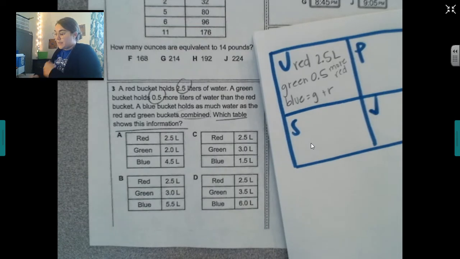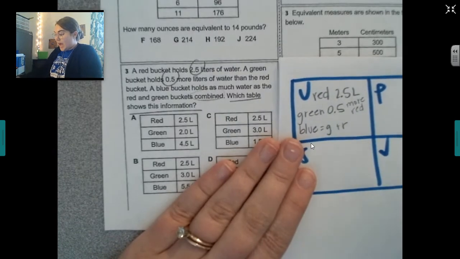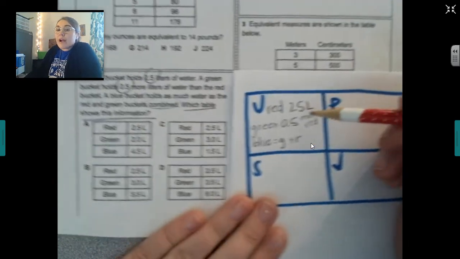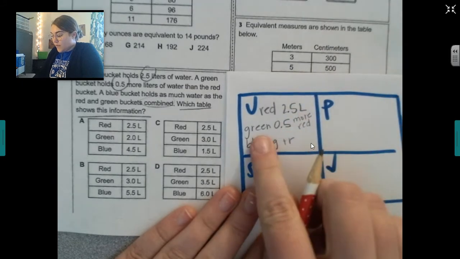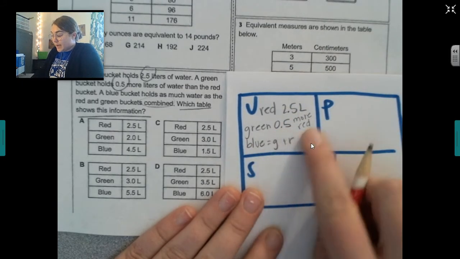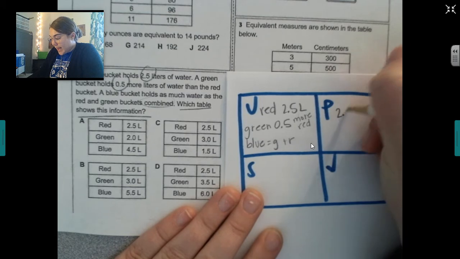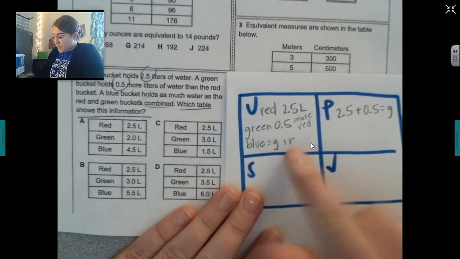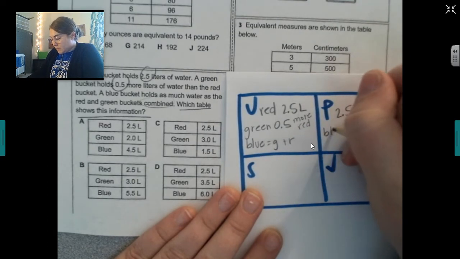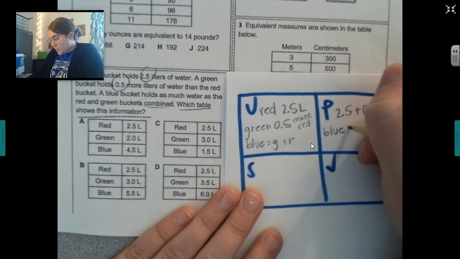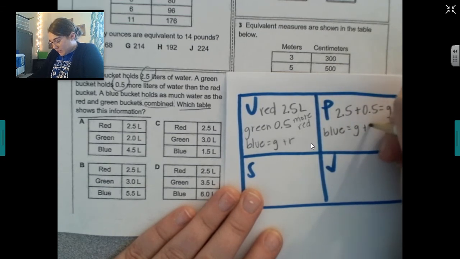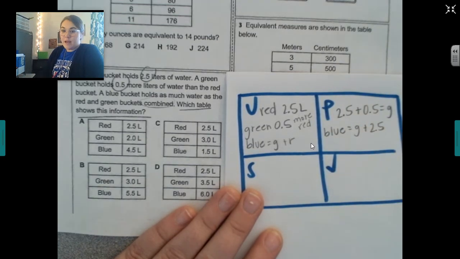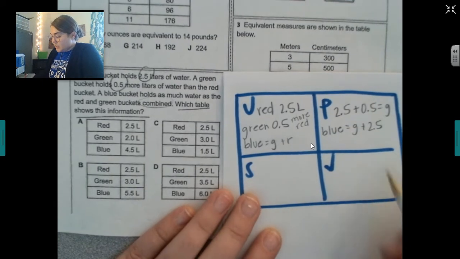So here's what I'm going to do. For my plan, I am going to go ahead and write out my equation. In order to find the green bucket, if it's 0.5 more than red, I'm going to add the red plus the 0.5, and that will give me the green bucket. Then for the blue, I've kind of already done it. Blue, I'm going to add green bucket plus the red bucket, which is 2.5. Now let's go ahead and solve it.